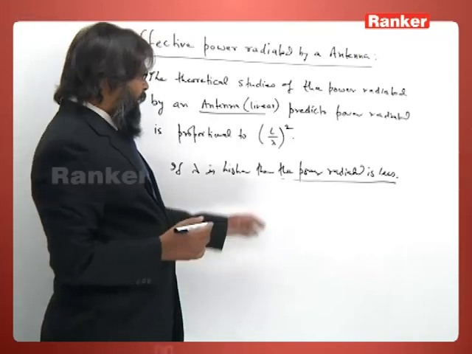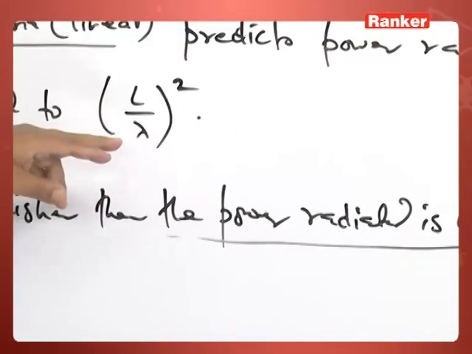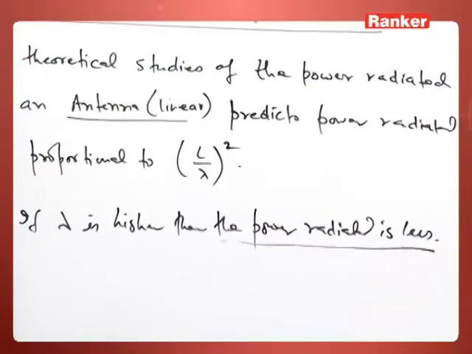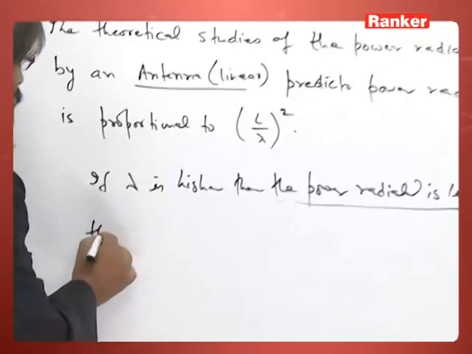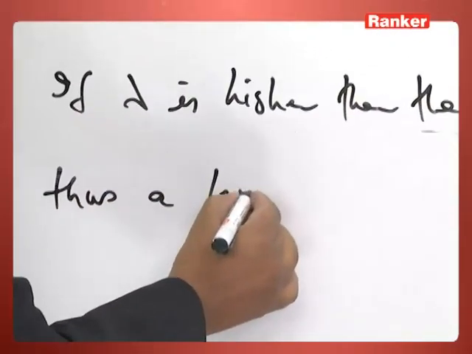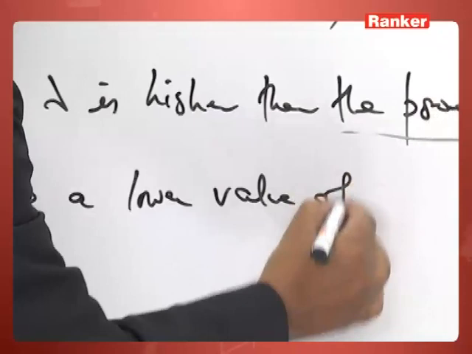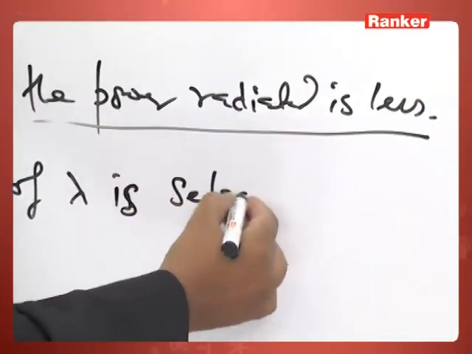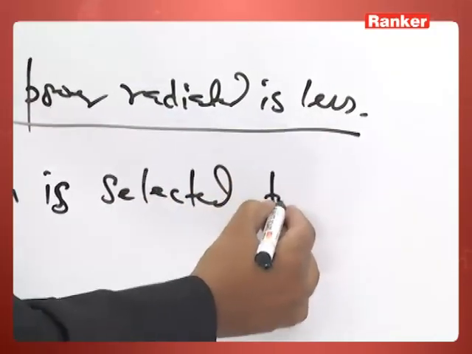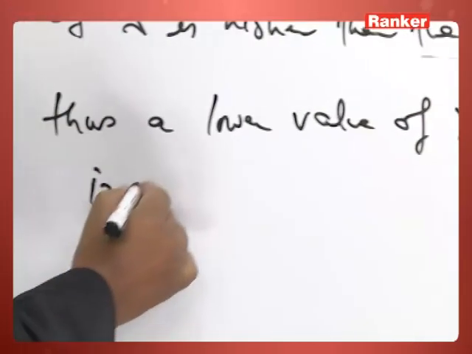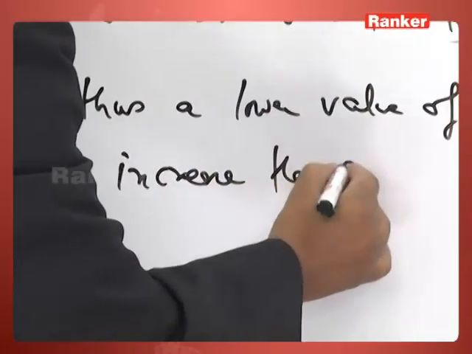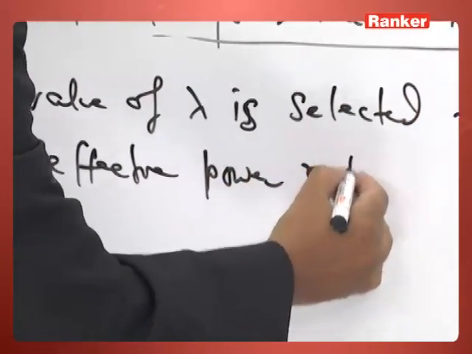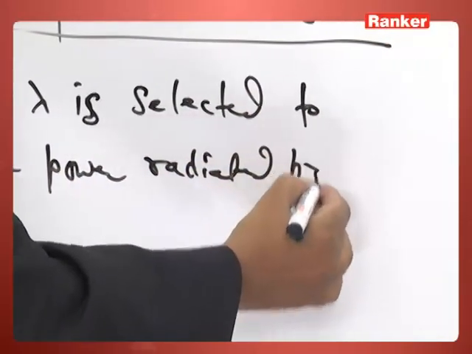So if we select a lower value of lambda, the effective power radiated will be high. Thus a lower value of lambda is selected to increase the effective power radiated by the antenna.